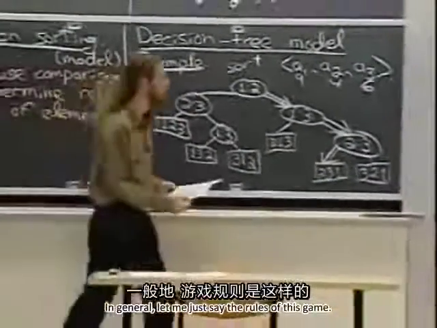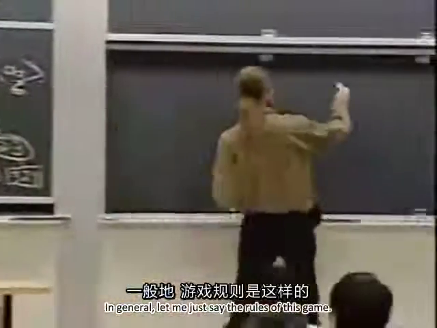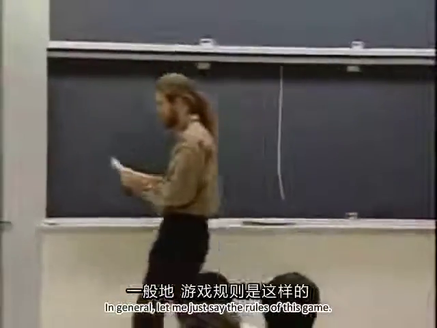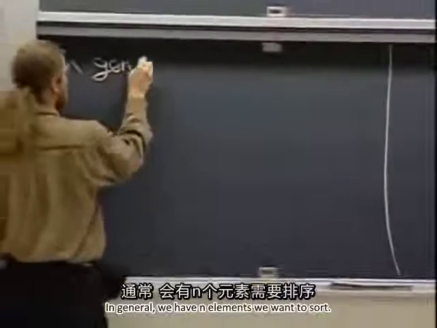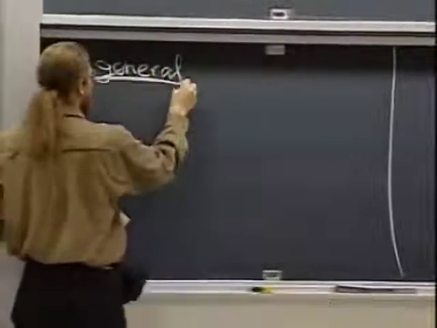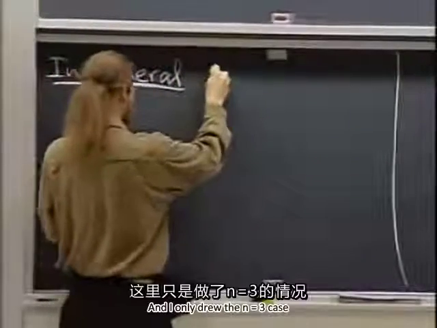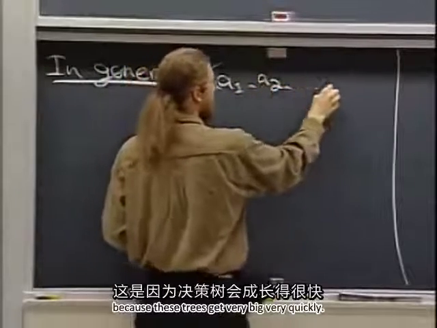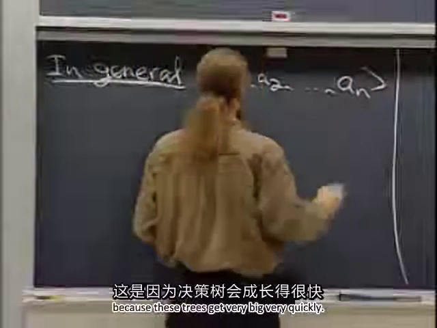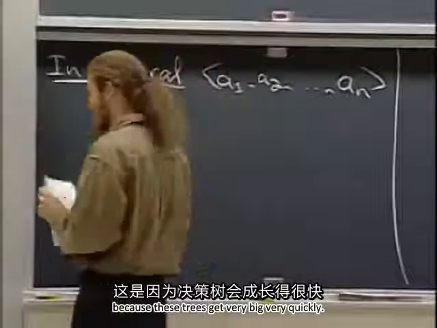So in general, let me just say the rules of this game. We have n elements we want to sort. I only drew the n equals 3 case because these trees get very big very quickly.